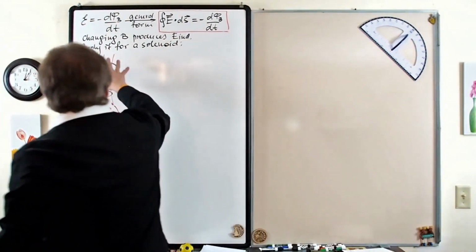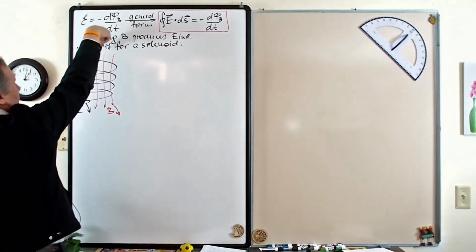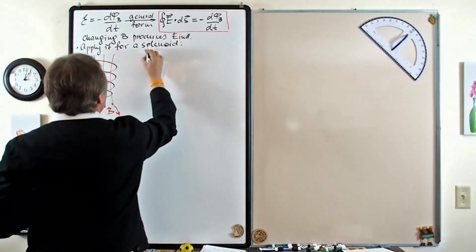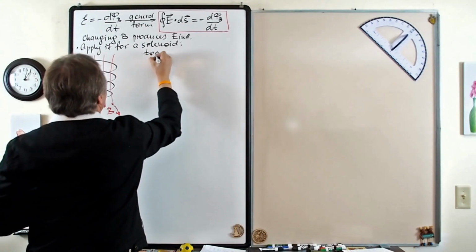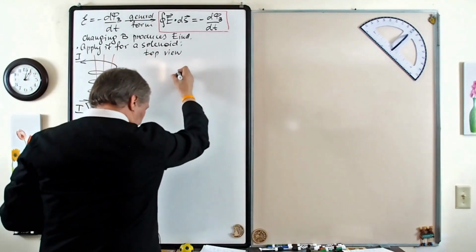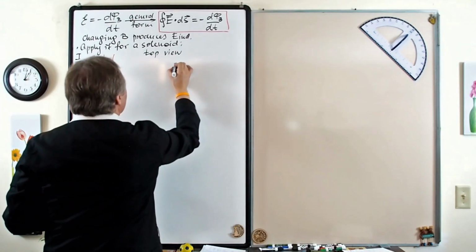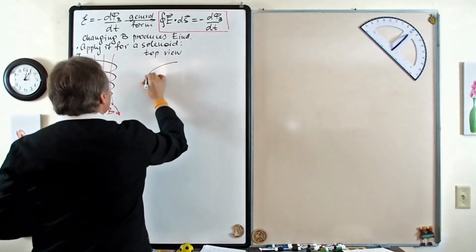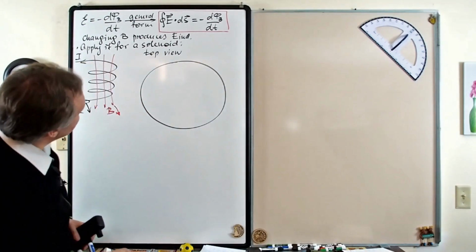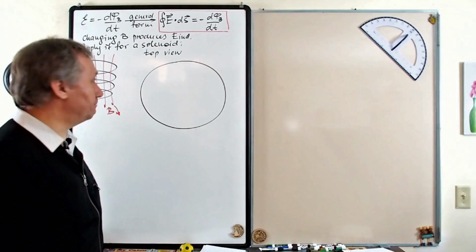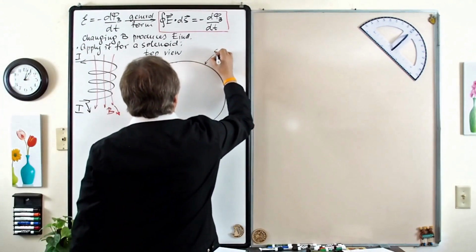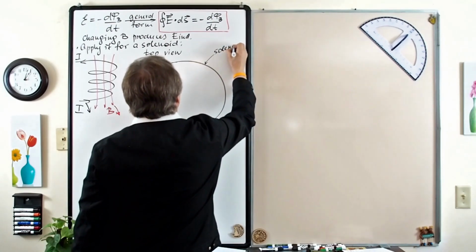Okay, now let me draw a top view. If you, for example, look at this solenoid from the top, what are you going to see? Okay, I think I should be able to fit it here, slightly compressed. So let's say this is our solenoid.